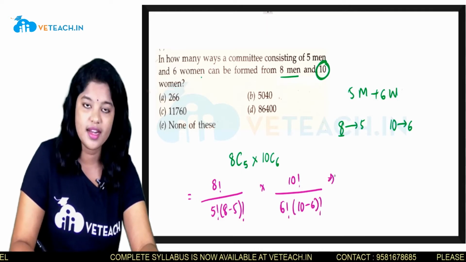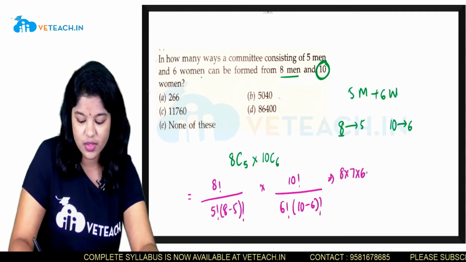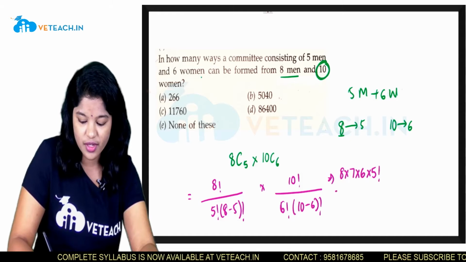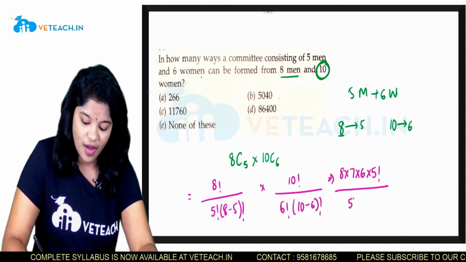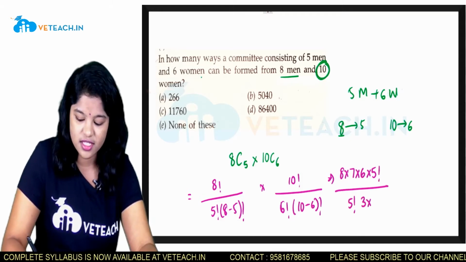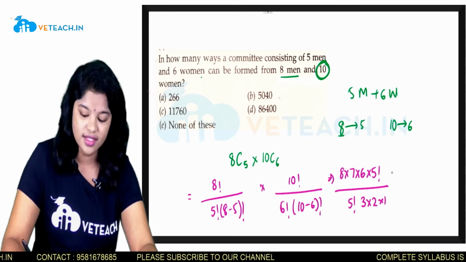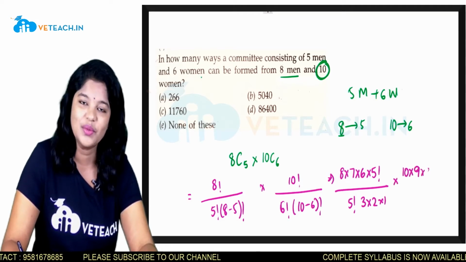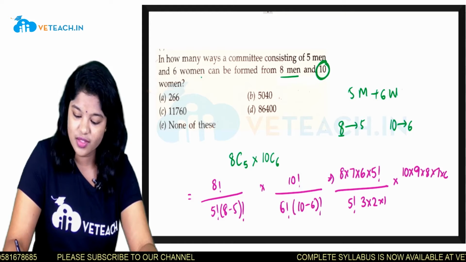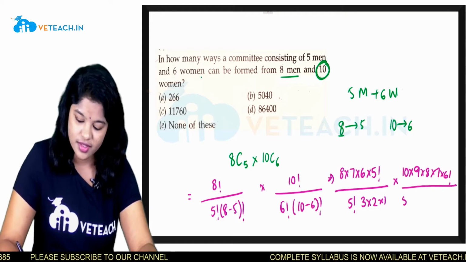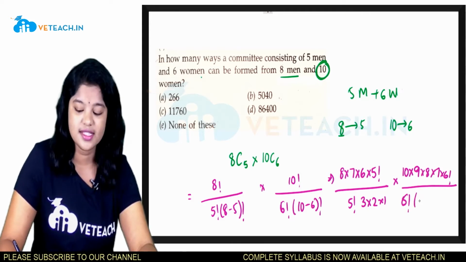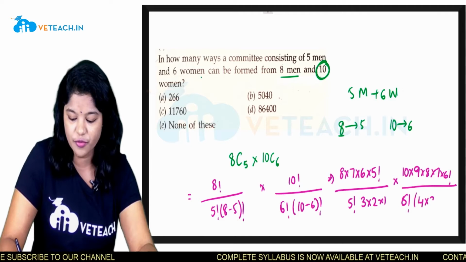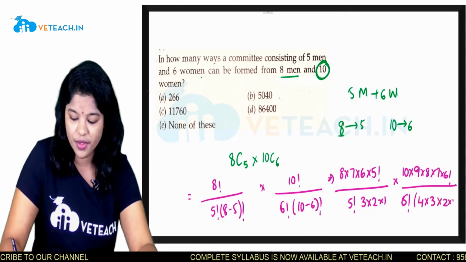That is nothing but 8 into 7 into 6 into 5 factorial divided by 5 factorial into 3 factorial, that is 3 into 2 into 1, into 10 factorial, which can be written as 10 into 9 into 8 into 7 into 6 factorial divided by 6 factorial into 4 factorial, that is 4 into 3 into 2 into 1.